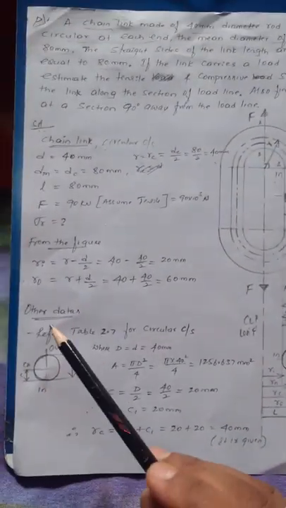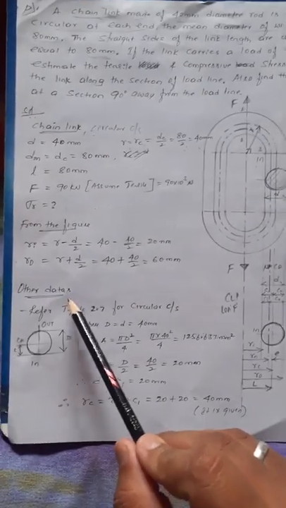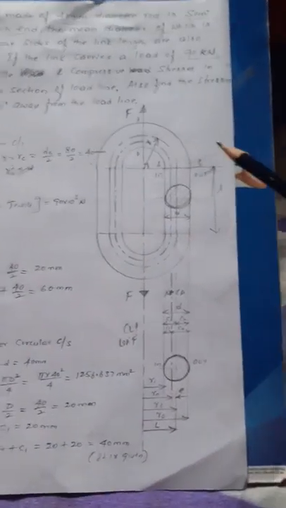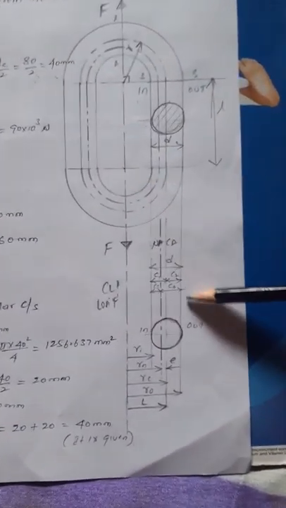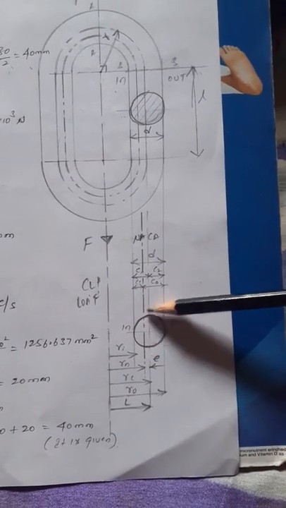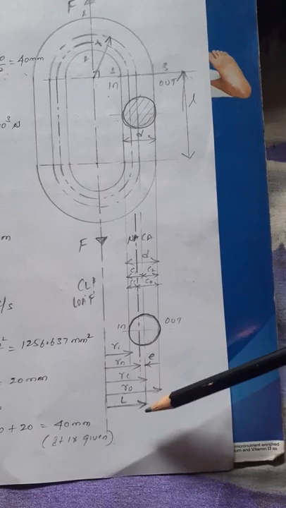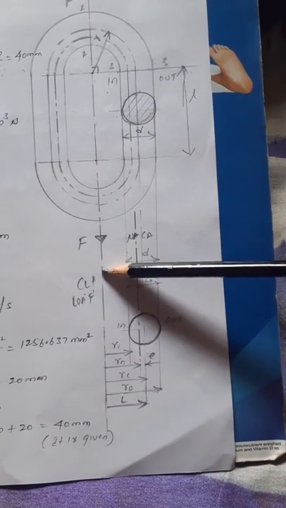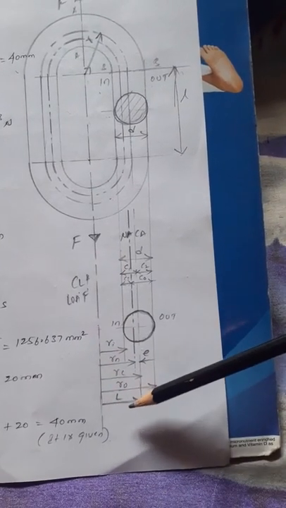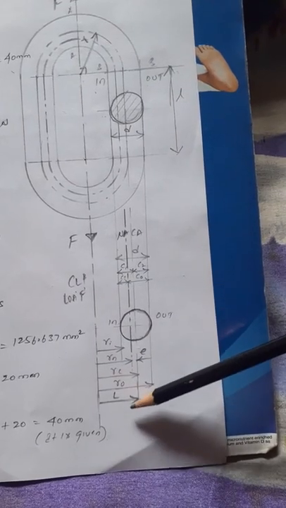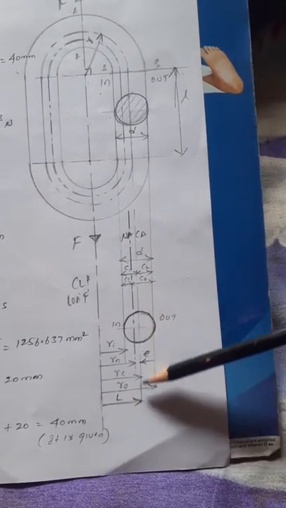Now how to get other data? How to calculate RC, RN and the remaining? Once you write the sketch, below this you can redraw it one more time with all the notations RA, RN, RC, R naught, then the distance between the central line of curvature and the line of action of force and the centroidal axis.